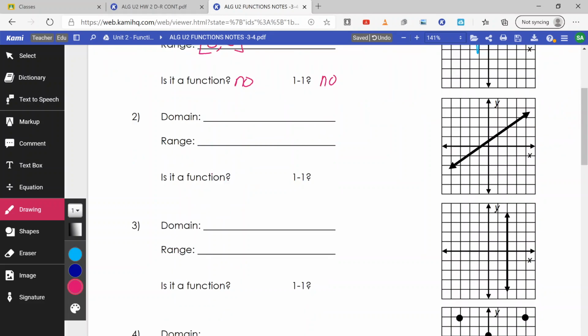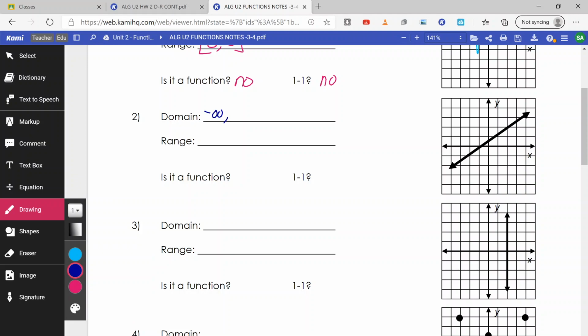Number 2, we have to be careful because we have arrows. Yes, arrows are physically on the graph, but arrows also mean they go forever and ever in that particular direction. Off to the left, it's going down and left forever, and it's going up and to the right forever. So the domain, being read left to right, goes left forever, eventually to -infinity.